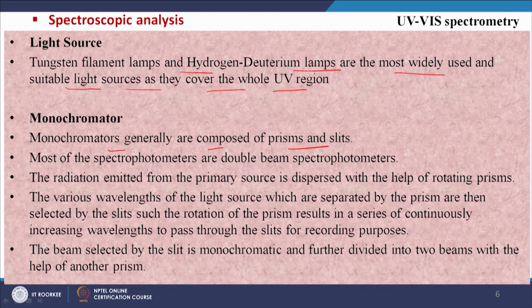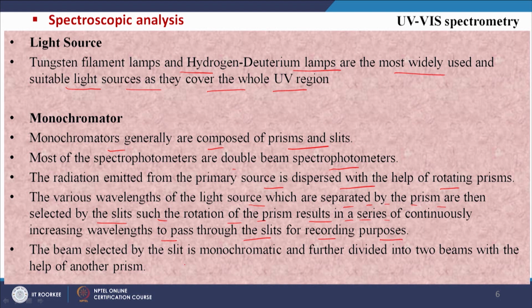Most of the spectrophotometers are double beam spectrophotometers, and the radiation emitted from the primary source is dispersed with the help of rotating prisms. The various wavelengths of the light source separated by the prism are then selected by the slits, such that the rotation of the prism results in a series of continuously increasing wavelengths passing through the slits for recording purposes.